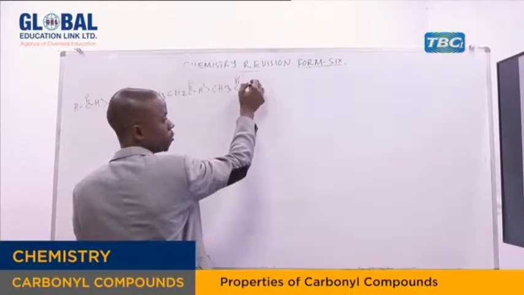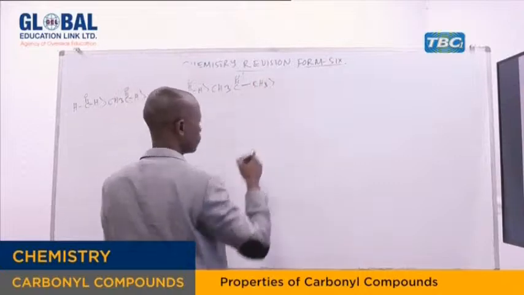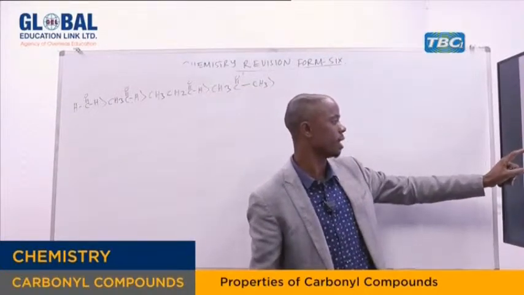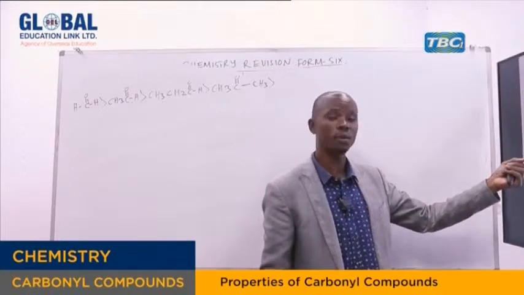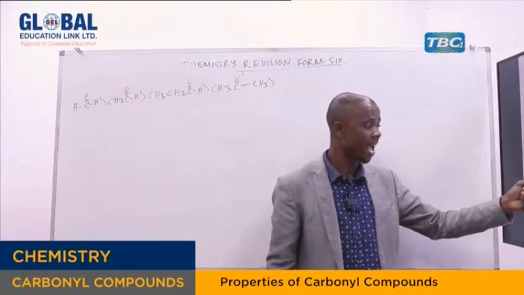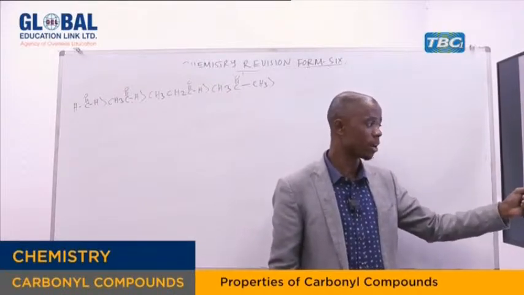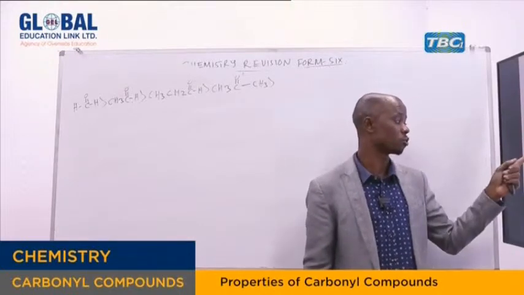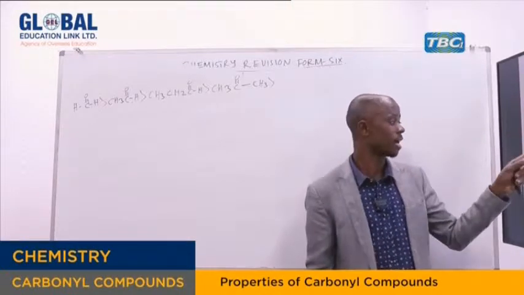Followed by, we remain with the two ketones, this one and this one. Here we have ethyl group, ethyl group. But this one contains ethyl group and methyl group. This one contains fewer carbon atoms as compared to this one. So this one will be more reactive as compared to this one.